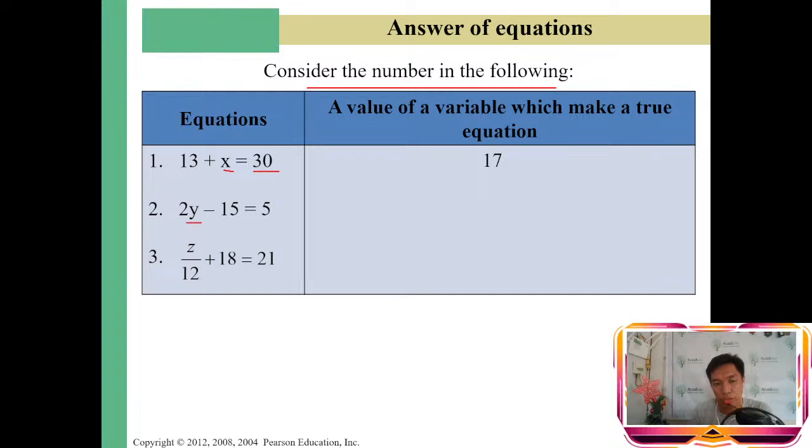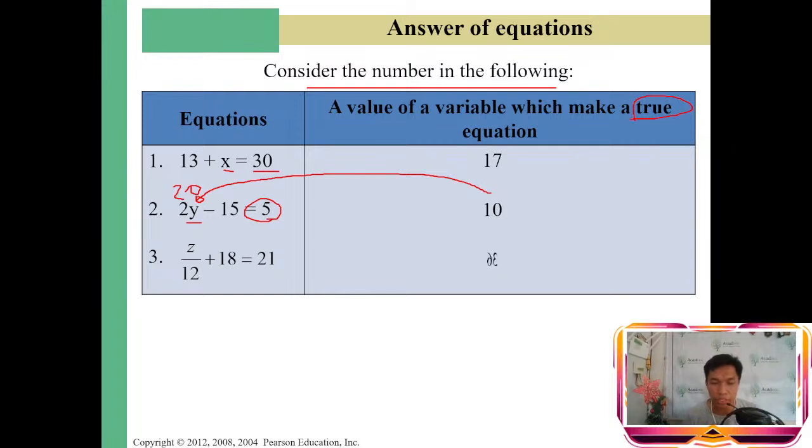What is the number of y? 2 times 10, 20. 20 minus 15 is 5, so they are equal.